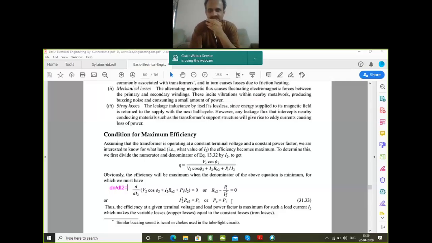That is the condition for maximum efficiency. If a load is connected and if copper loss is equal to iron loss, efficiency will be maximum.